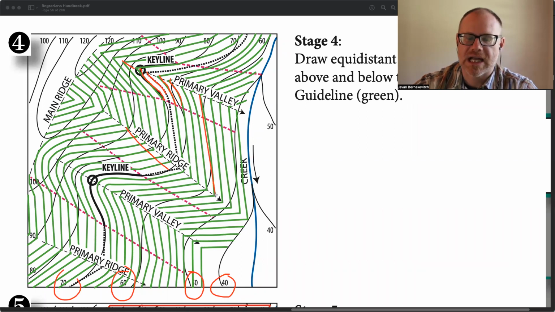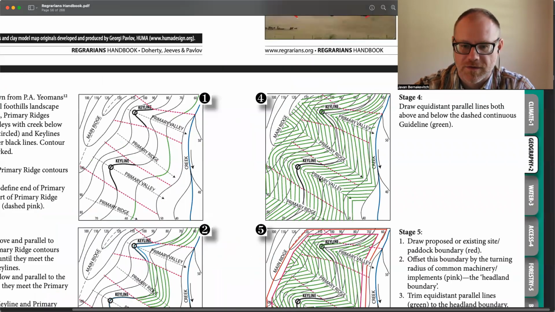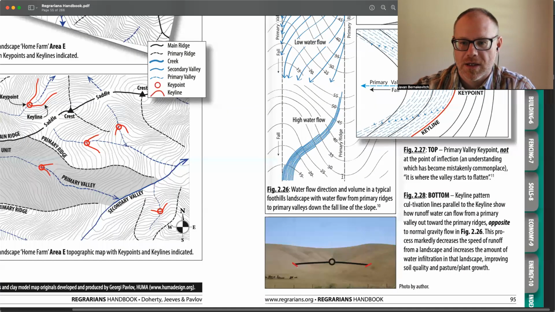And the idea is that if we cultivate on this pattern, if we start to place trees on this pattern, if we start to plow on this pattern, if we start to use this geometry, this pattern as a cultivation guideline, what'll happen is over time, we will change the distribution of hydrology on this landscape. So we're going to go back here a few slides.